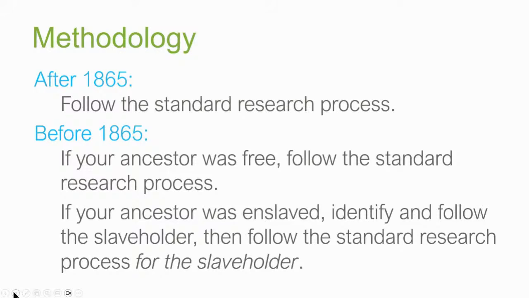Basically, if you're researching after 1865, you follow the standard research process for genealogy research in the United States. Some of the specific resources may differ, especially by region and time period, but the process is essentially the same. If you're researching before 1865 and your ancestor was free, follow the standard research process. If your ancestor was enslaved, you must identify the slaveholder or the potential slaveholder, then follow the standard research process for the slaveholder.